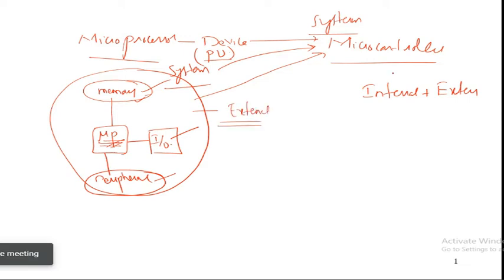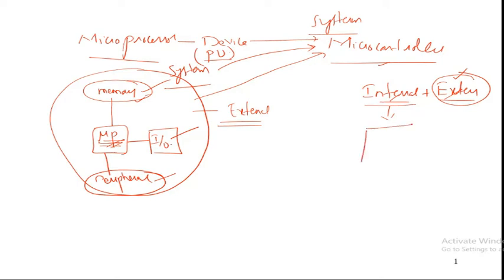For the microcontroller, connecting additional peripherals is optional. With the available internal devices also, we can implement a specified application. In the microcontroller, everything is incorporated on a single IC.